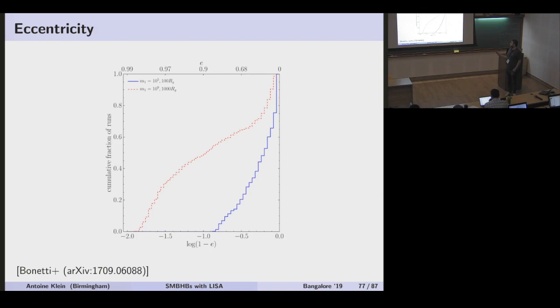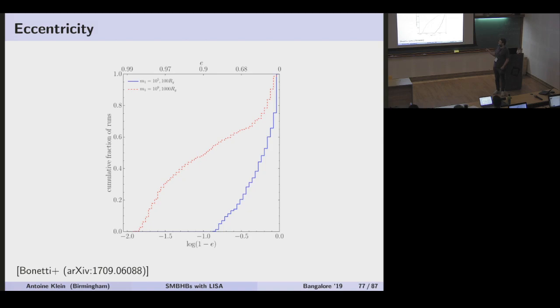So the red curve is more relevant for PTA. It's 10 to the 9 solar masses at 1,000 Schwarzschild radii. And the blue curve is the eccentricity that you expect when a 10 to the 5 solar mass binary enters the LISA band.